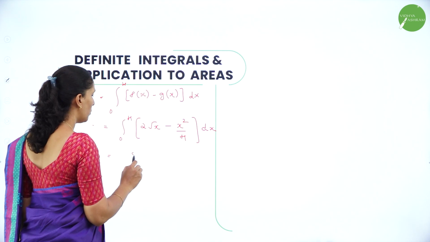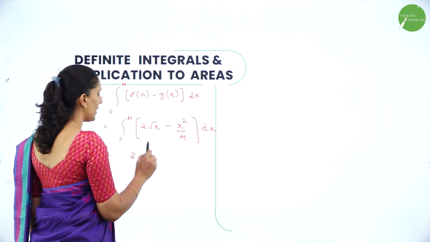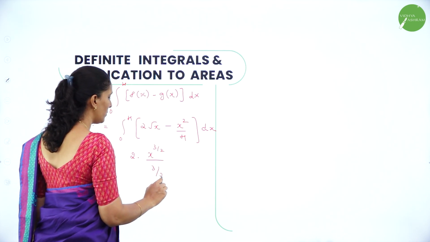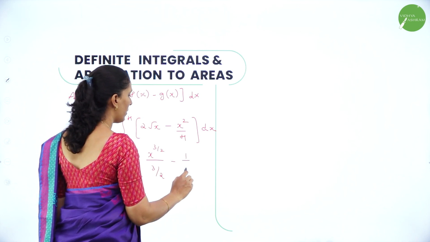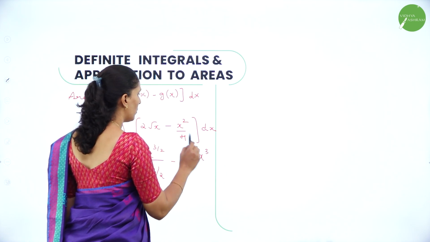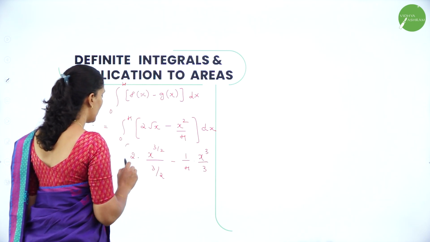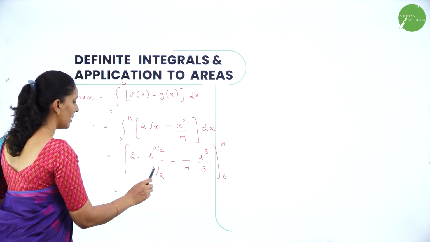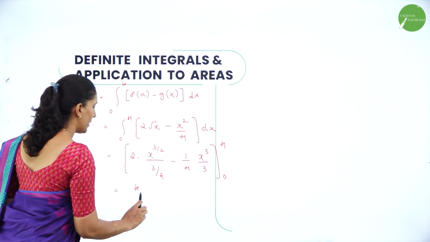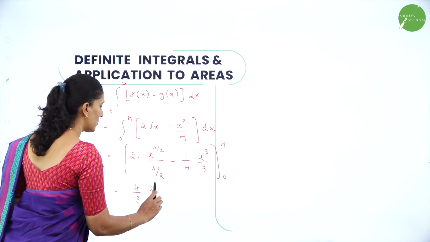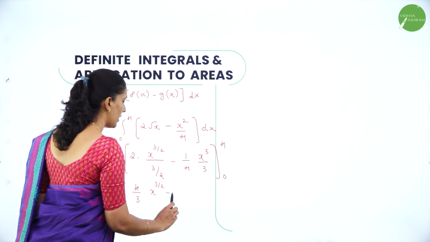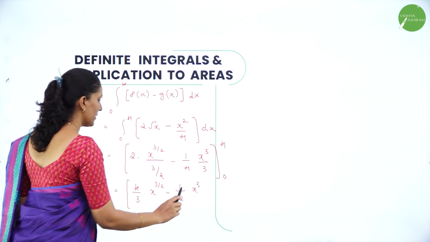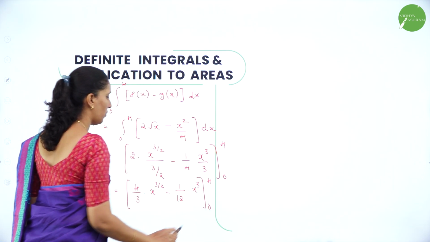We have 2 as a constant here, x to the power 3 by 2 divided by 3 by 2, minus, here you will get 1 by 4 into x cube divided by 3, from 0 to 4. So clearly we can write this as 4 by 3 into x to the power 3 by 2 minus 1 by 12 into x cube, limits from 0 to 4.